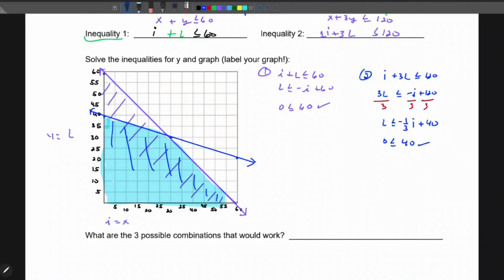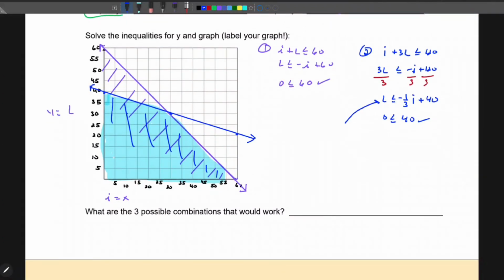So here is what I ended up with when I graphed it. And you might have had some trouble with this one. But what I did is I looked at L is less than or equal to negative 1/3 I plus 40. So I know that's my B value, that's my y-intercept. So I found my y-intercept.